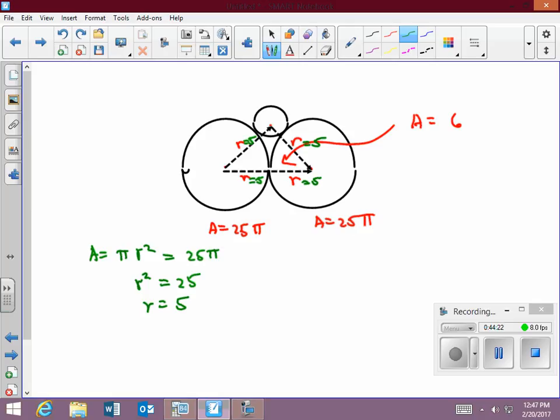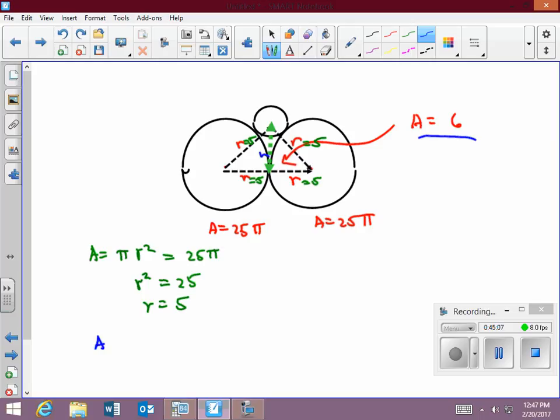Now if we do this height right here, from here down to here. You see where I'm going? If I find that height, then I can find the hypotenuse, the distance r plus that little piece. Then I can find the radius. This height I can calculate by doing this area right here, correct?